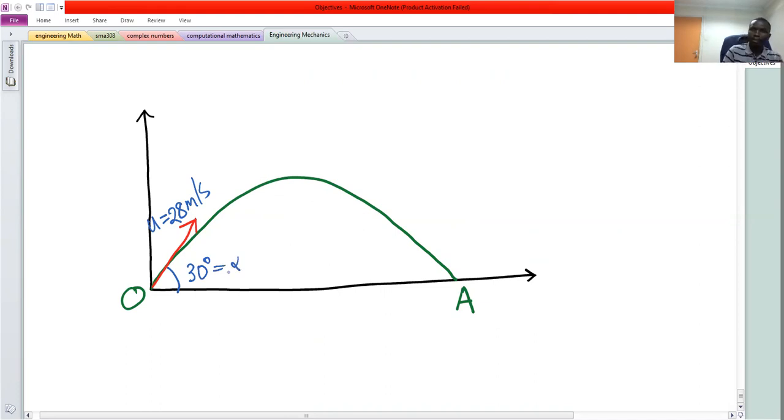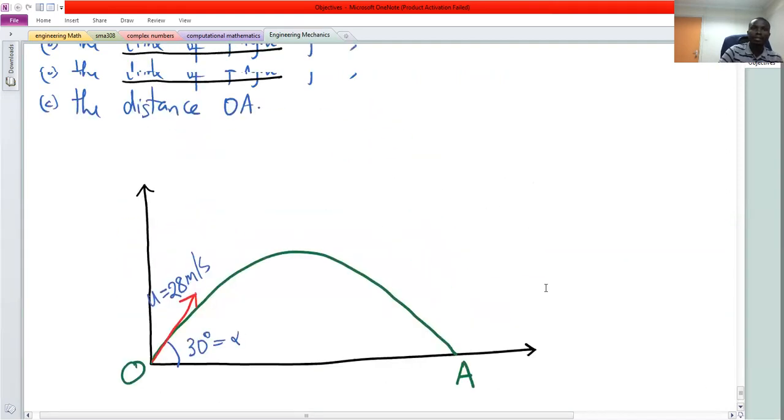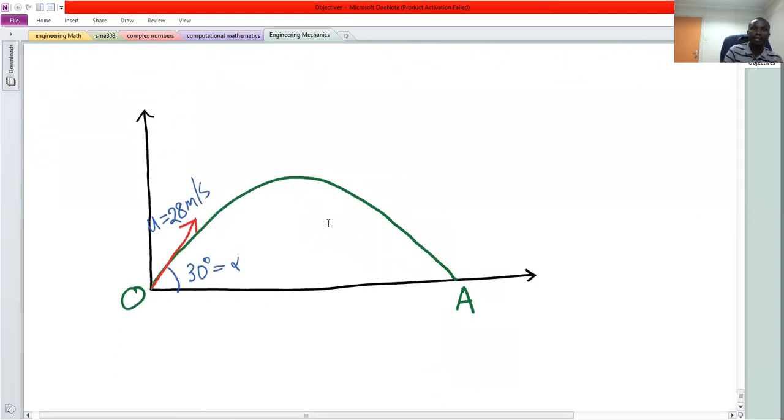So the first thing, part A, they want us to calculate the greatest height. So this, we call it H. What you know is that on this trajectory at this point here, this is a point where the object reaches the maximum height.